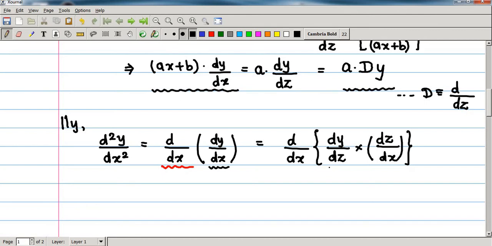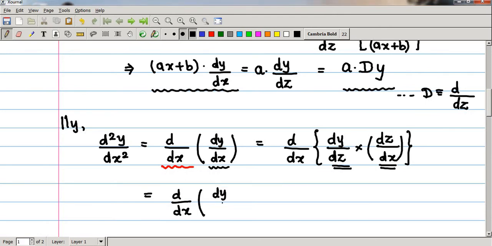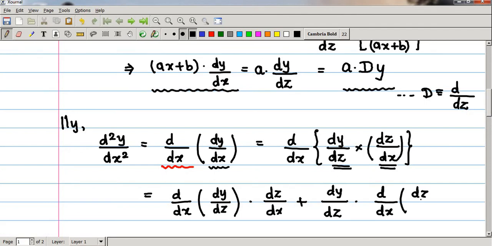So we apply the u into v rule for evaluating the derivative of this product. By using the derivative of product of two functions rule, we take the derivative of the first term, that is dy by dz, into the second term as it is, plus the first term as it is into the derivative of the second term, that is dz by dx.